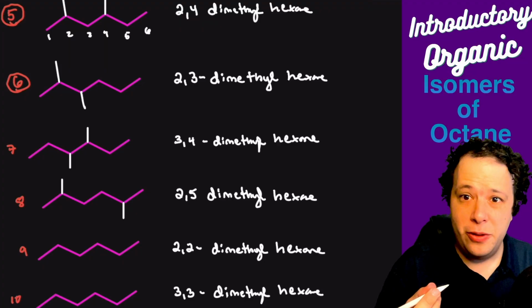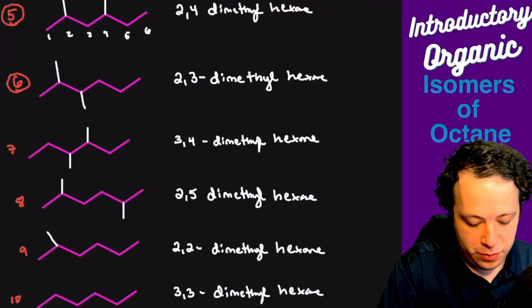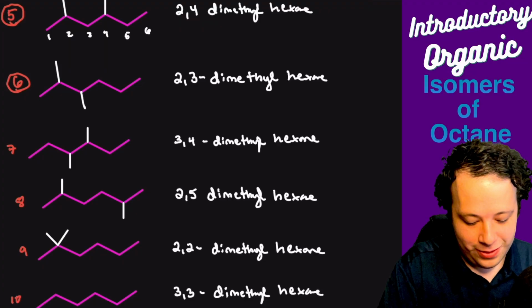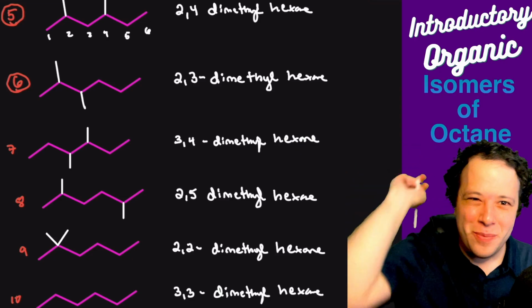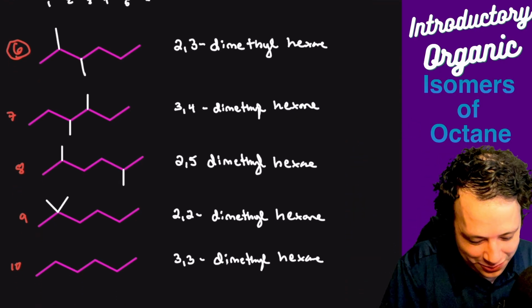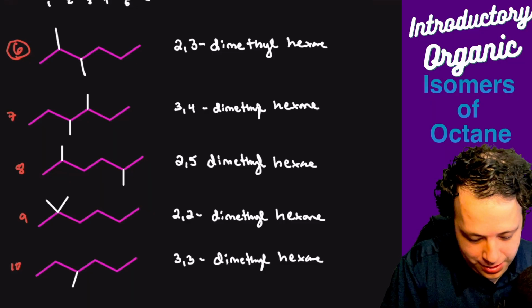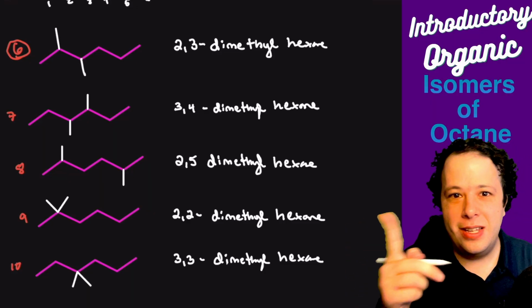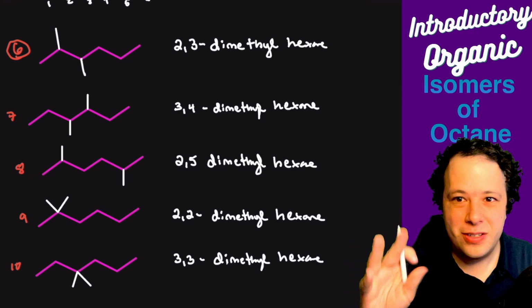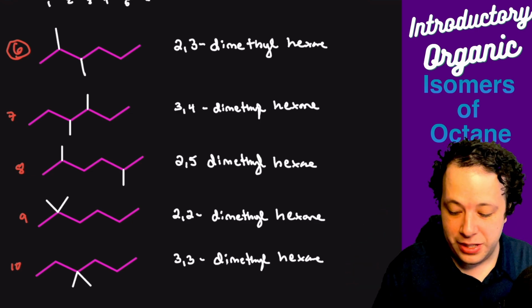You can double them up. So if I put 2 of them on the same position, they're like 2 little bunny ears sitting on one of these carbons. And then you could go to the next one, which would be 3,3. You can't go to 4,4 because then you're going to make a duplicate of this structure. So that's where it ends for this particular one.